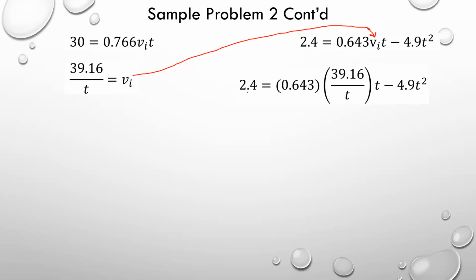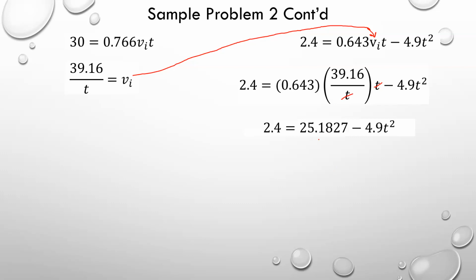So it'll be 2.4 equals 0.643 times 39.16 over t times t minus 4.9 t squared. Let's simplify this. So first, I could see this too from earlier. These two t's will cancel out. And then to simplify it further, we would do 0.643 times 39.16.